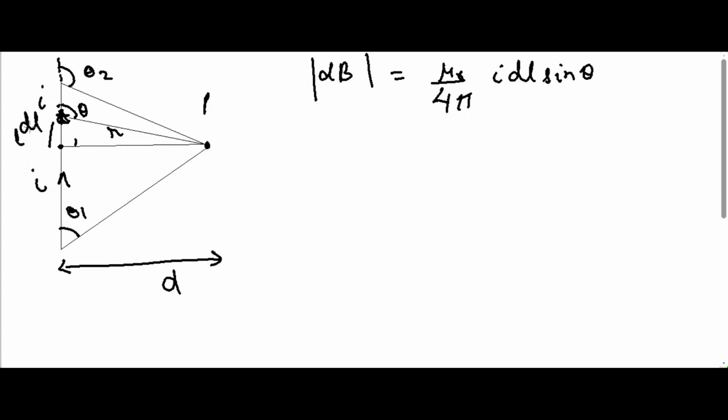So the magnitude of the dl vector is the small length of the wire, and the direction of dl is the direction of the current. So the magnitude of the magnetic field will be given by the Biot-Savart law, which is mu naught by 4 pi into I dl sin theta, because of the small length dl.